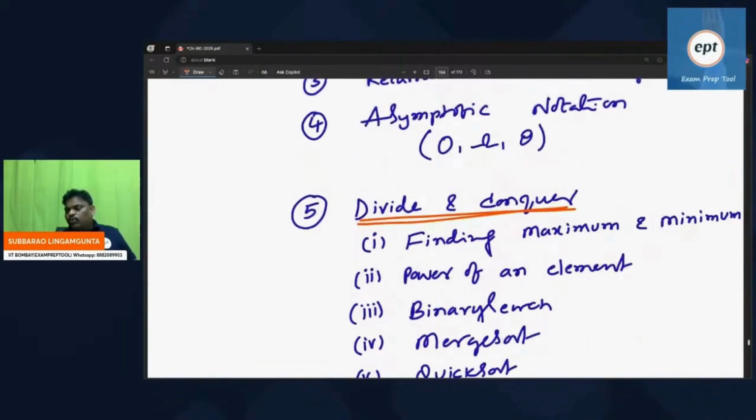If you are very good, you will get a better job. If you are okay, then you will get an okay job. If you know algorithm and data structure only a little bit, you will get a small job. If you are average in DSA, you will get an average job.